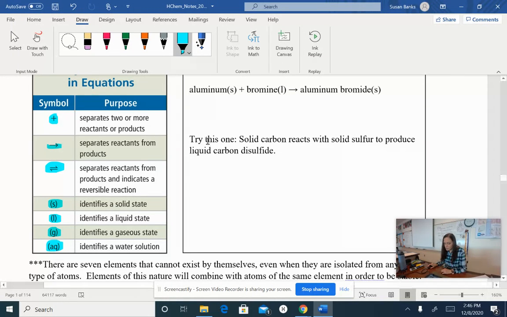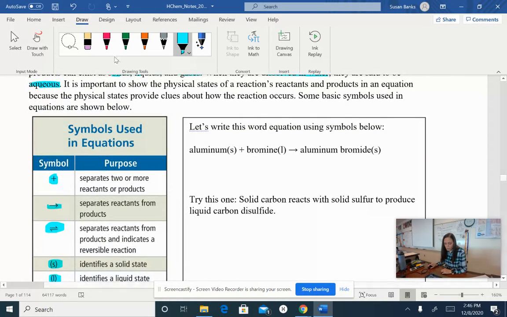All right, so let's look at how we would construct a reaction. So here we go. Let's write this word equation using symbols below. So this is where our formula writing is going to come in handy. So if you're not sure on your nomenclature and your formula writing, this is where it comes useful.